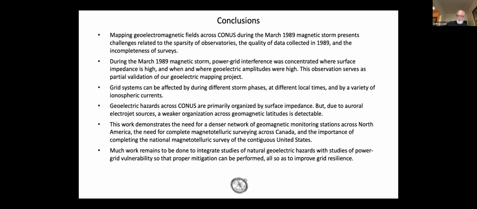That needs to be addressed in order to use Kirchhoff's law to properly estimate the GICs that would be induced on the power grid system during a storm. Right now, we're just estimating the electric fields and the voltages on the power grid line systems. And it's possible to take those kinds of geophysical and engineering analyses and put them together into a more formal analysis of risk. And that also is work that remains to be done.